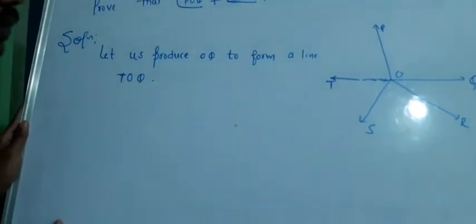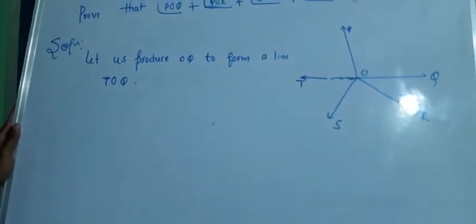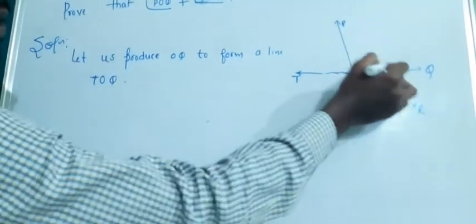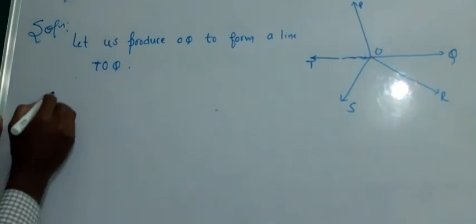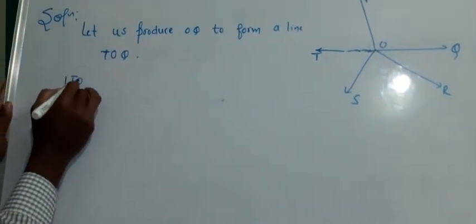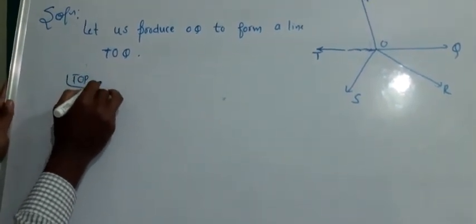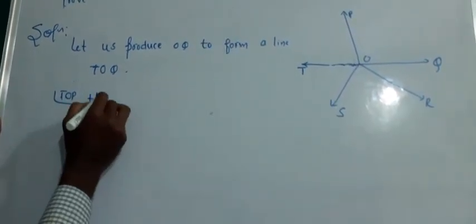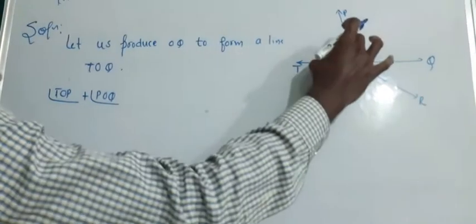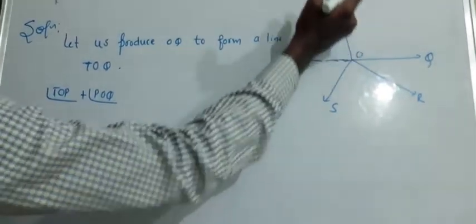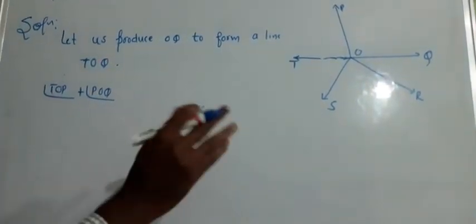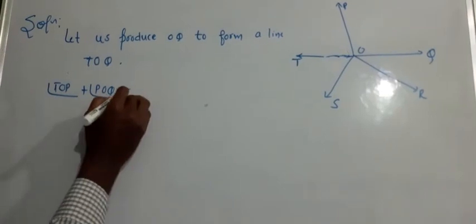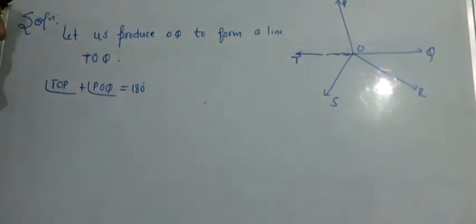Now, what can I write? This will form a linear pair, that is angle TOP plus angle POQ, this angle plus this angle. See, on the line there is one ray, so when I add the two angles, it should be equal to 180 degrees from axiom 1.